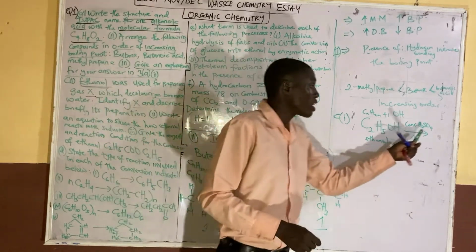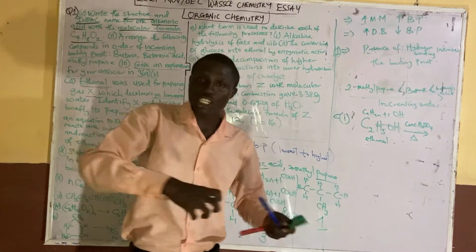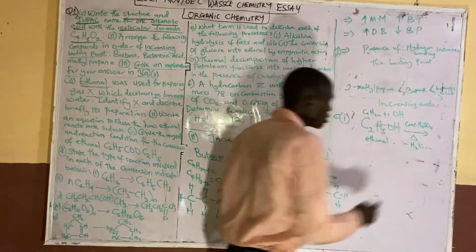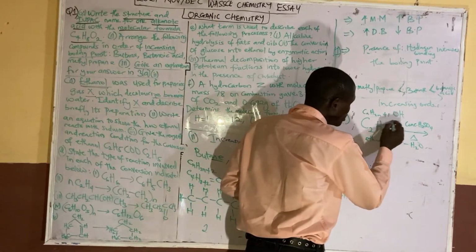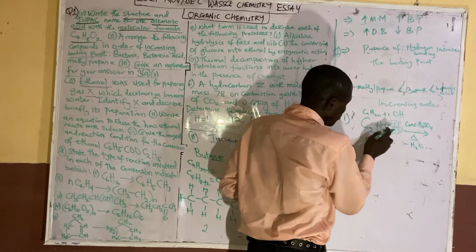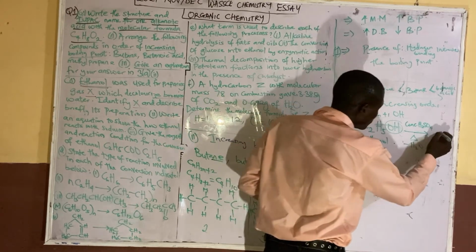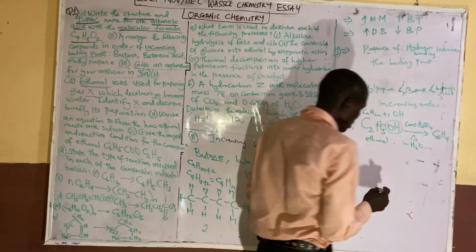So when you use conc H2SO4 and you heat, there will be dehydration, removal of water. Heat will remove water with conc H2SO4. So when you remove water, this OH will leave and one hydrogen will leave. So this one will be C2H4.